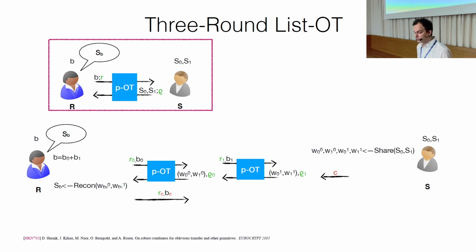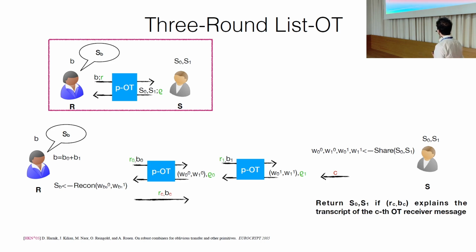Again, this cut and choose doesn't harm security in any way because you're just leaking one share, and you can argue that everything is fine. A similar approach has been used in this paper of Ishai et al. 2005 to argue the security of oblivious transfer combiners. And so all is good here.